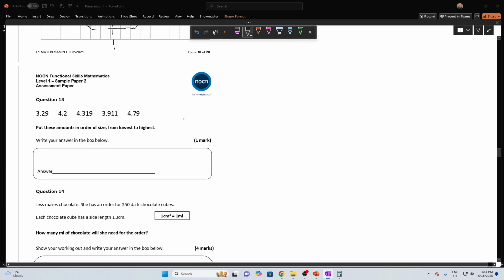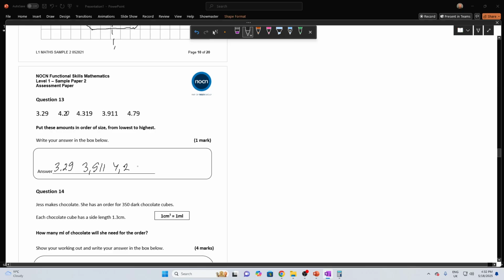Question 13. Put the amounts in order of size from lowest to highest. So which is our smallest number? It's going to be 3.29. Then I'm going to have 3.911. Then I have 4.2, because do you remember we are in pounds here?